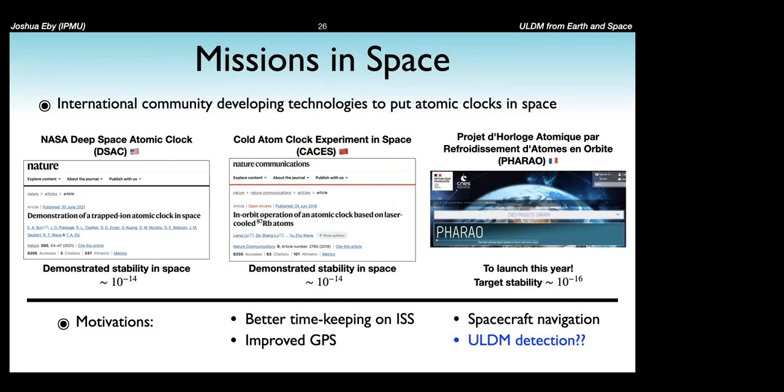The main difference is that we either need two clocks with slightly different isotopes, or one clock that measures two transitions. Both of those are straightforward to do on Earth, but these missions don't necessarily need that. They only need one to do what they're doing. I think that's the biggest difference.